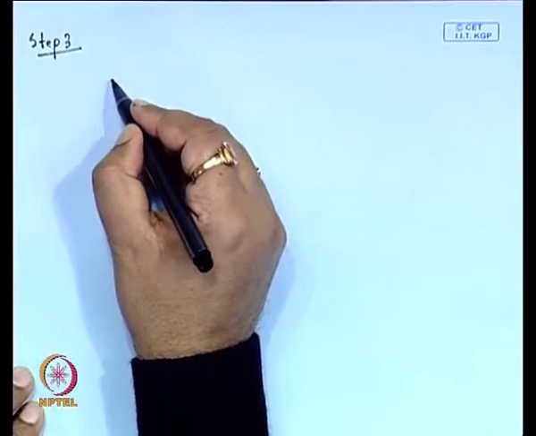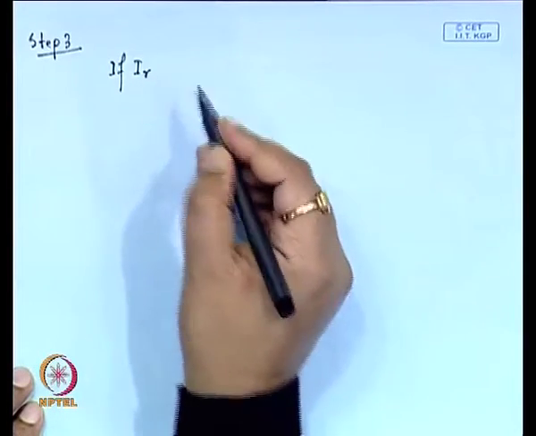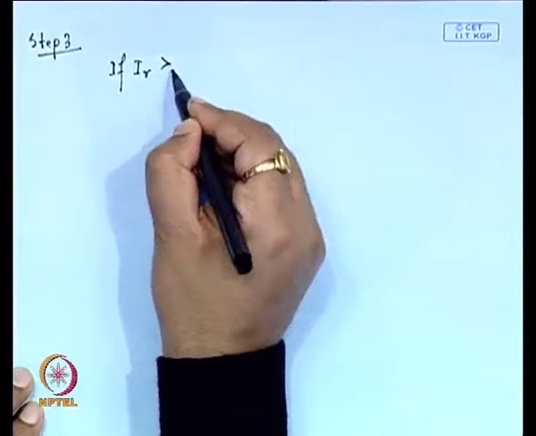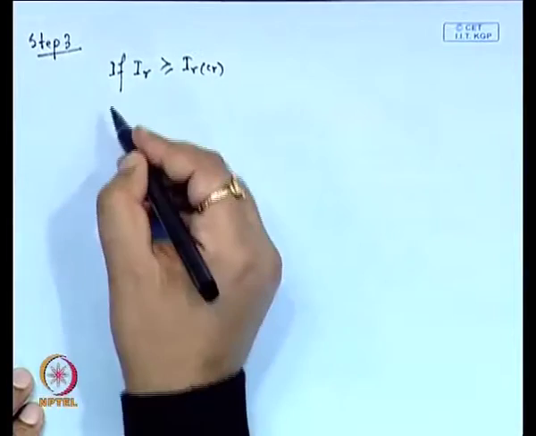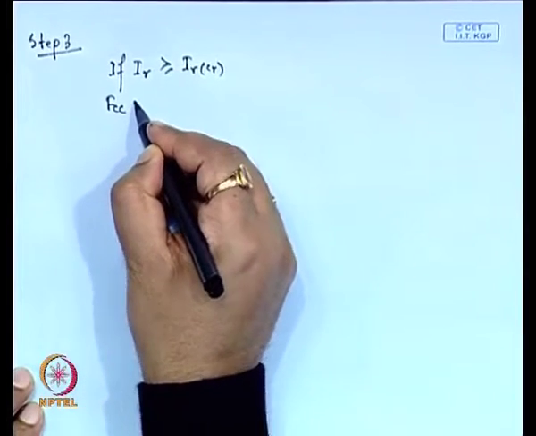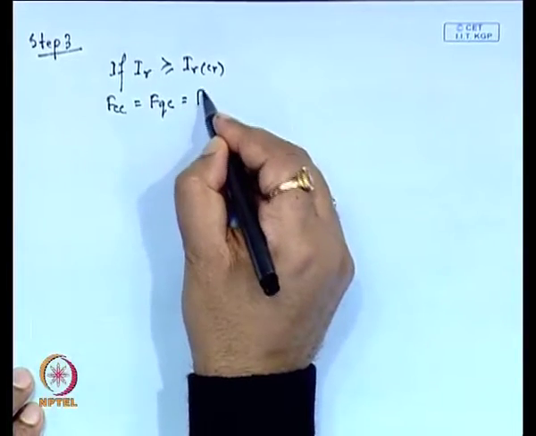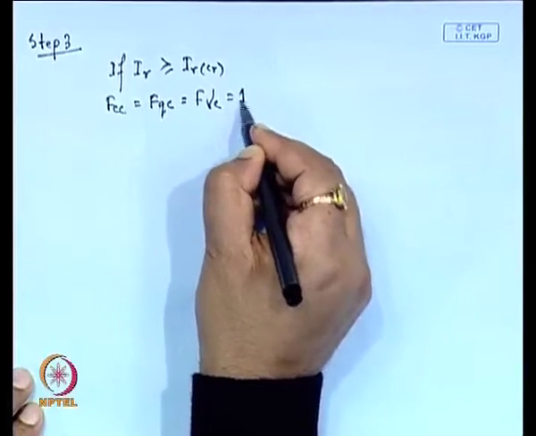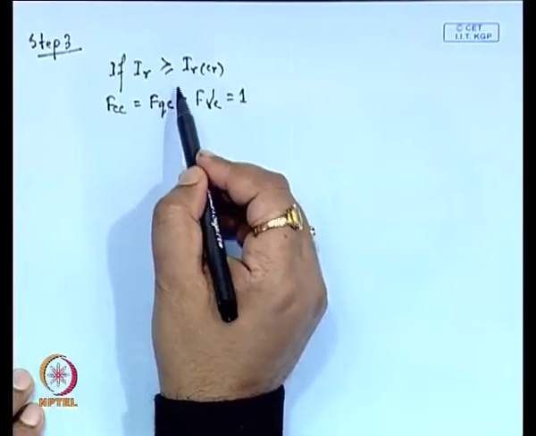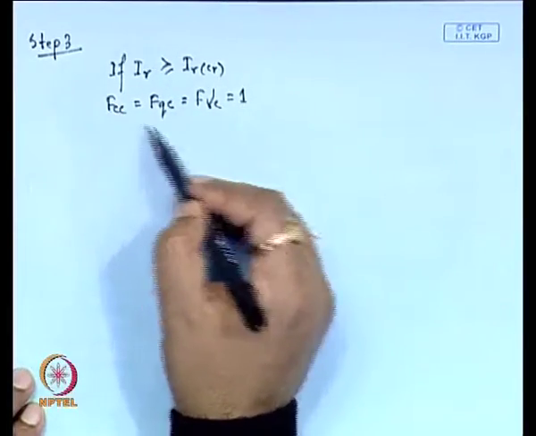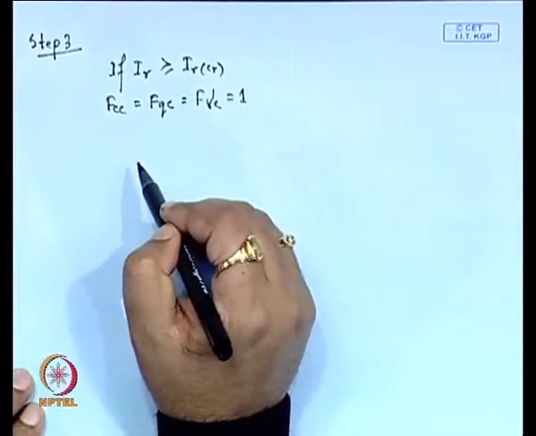So, now if the rigidity index IR is greater than or equal to the critical rigidity index, then FCC is equal to FQC is equal to F gamma C is equal to 1. That is, all the compressibility factors are 1.